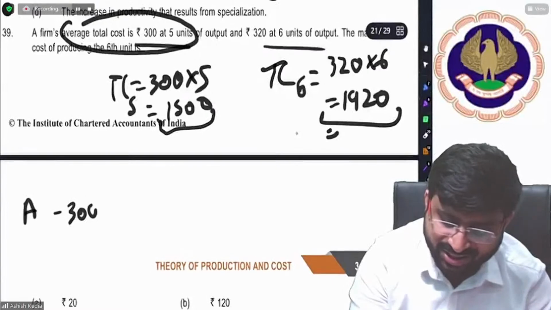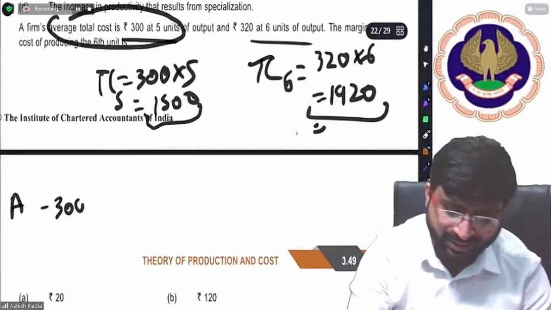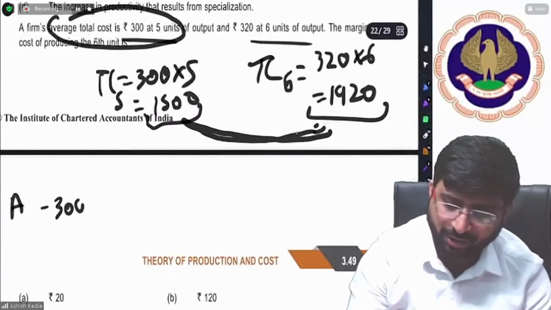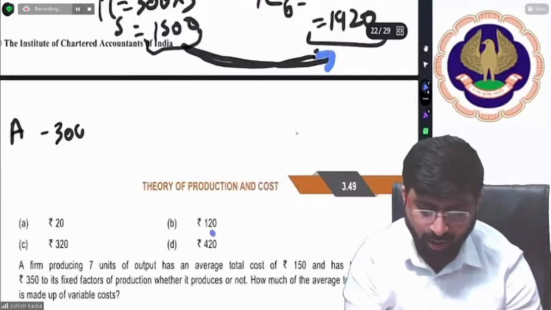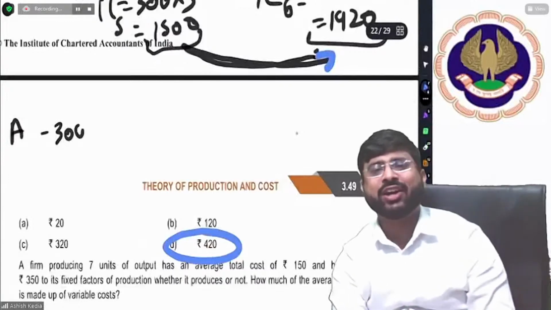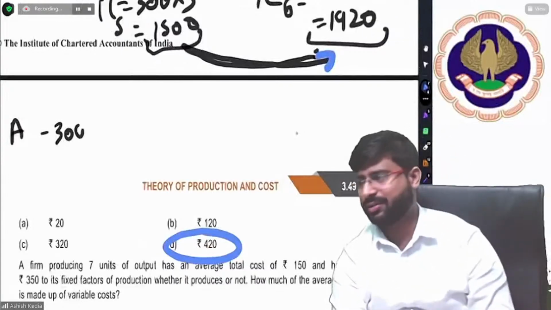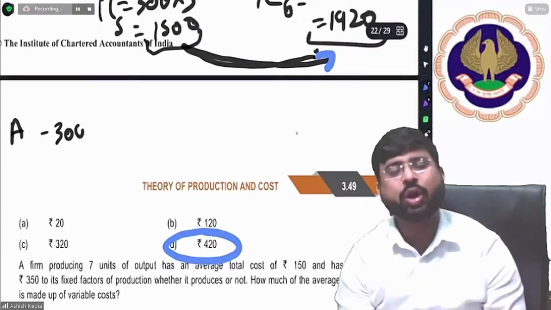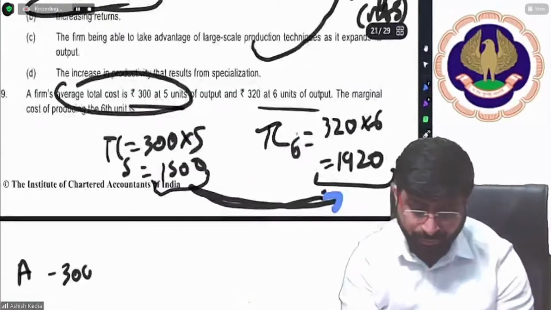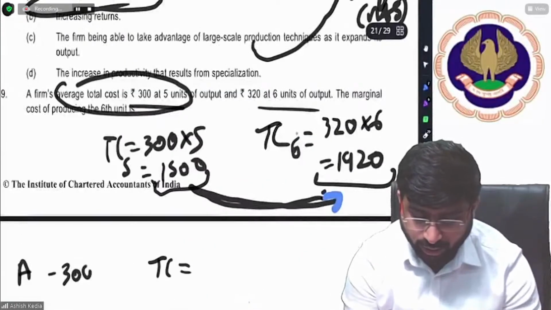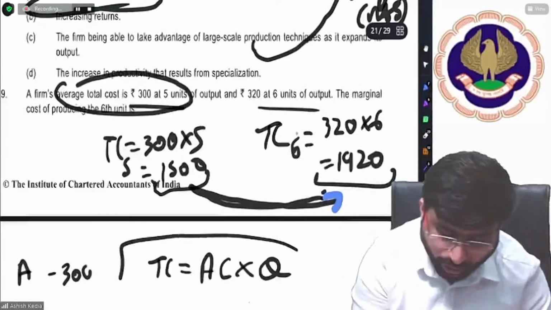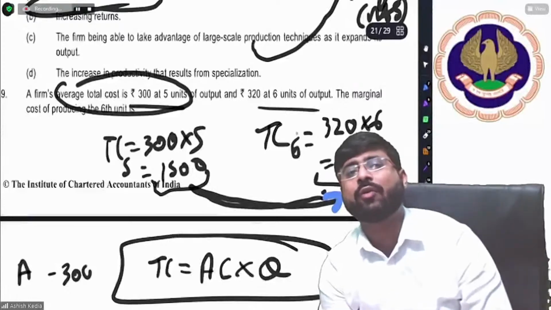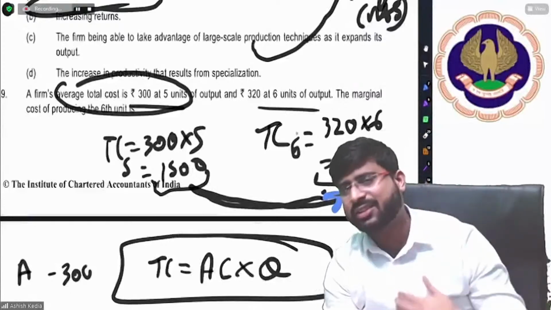It is changing by 420, and therefore your answer will be 420. So we must remember, my dear friends, that whenever you talk about total cost, you will always refer to average cost into quantity. We have done this in our previous class.